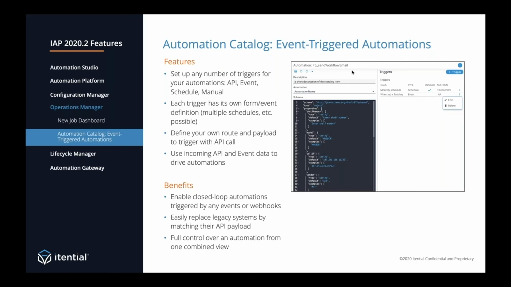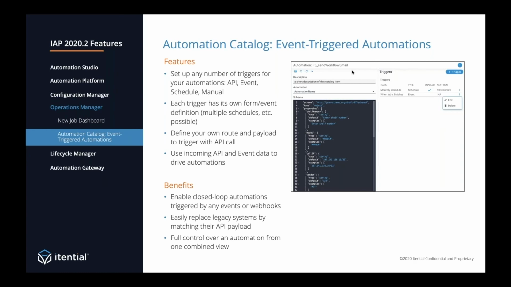You have a completely different post body in your payload for your API call, and you have a completely different input schema for your automation. Instead of having to custom code or build around or change the API call, all you need to do now is create a custom API trigger, give us your payload schema, and then we'll create a JSON schema transformation for you that you just need to drag and drop which value goes where.